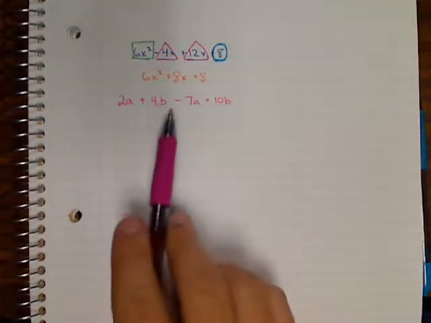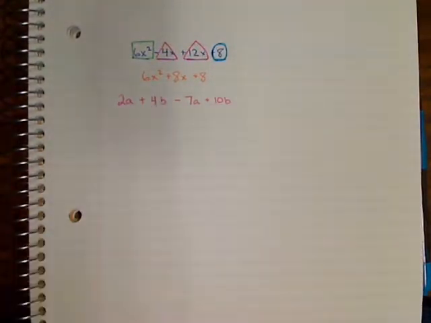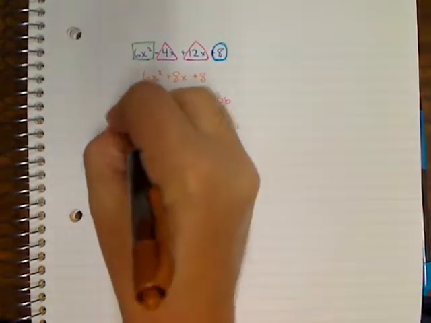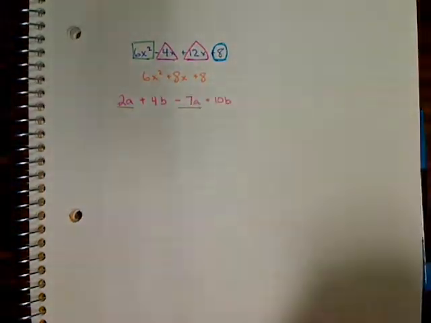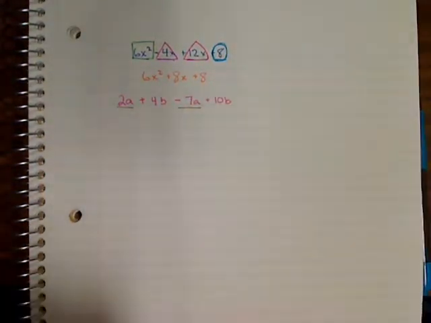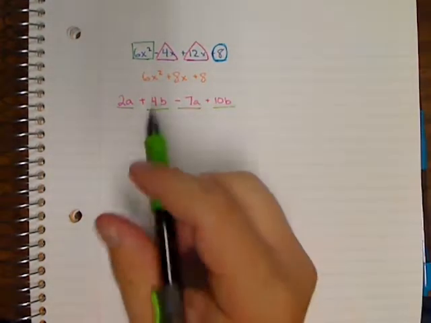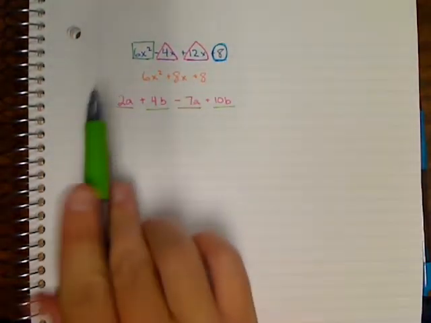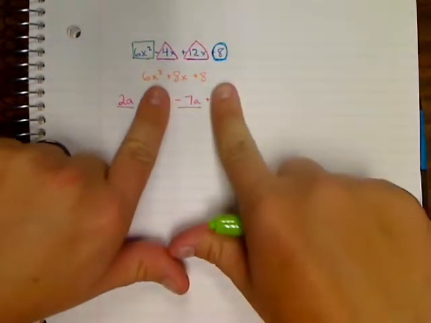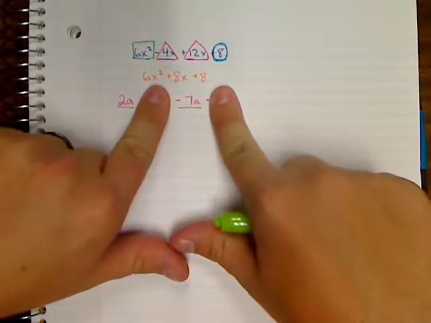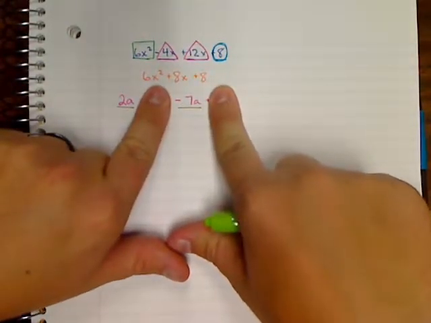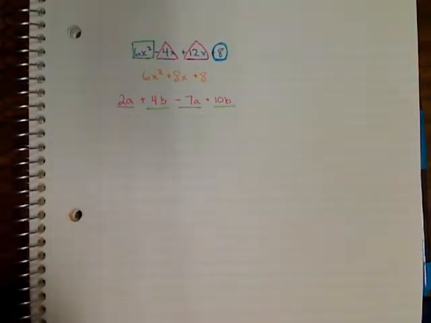Okay, if I want to combine these like terms, they have to have the same variable and the same exponent. Now, if I look here, I've got a's and I have b's. So I can do those separately, right? If I'm just looking at the a's, I'm going to simply ignore the b's. So you've got 2a minus 7a. 2a minus 7a will give me negative 5a.